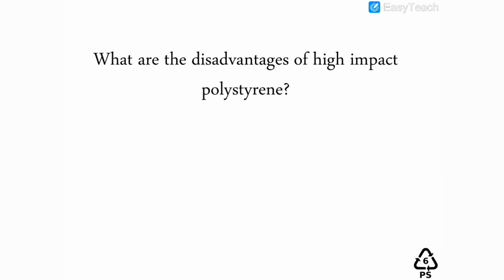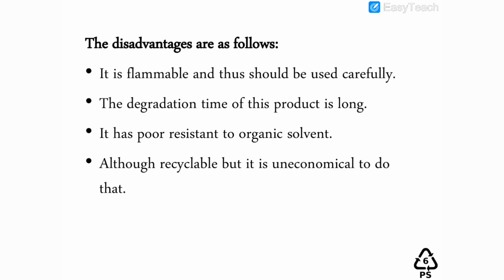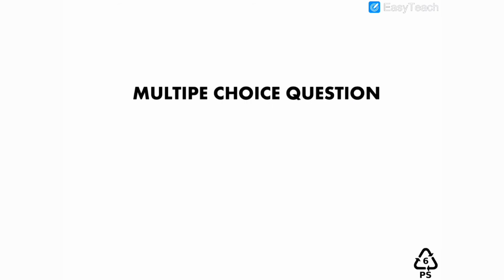Then, what are the disadvantages of high-impact polystyrene? It is flammable and thus should be used carefully. The degradation time of this product is long. It has poor resistance to organic solvents, and although recyclable, it is uneconomical to do that.